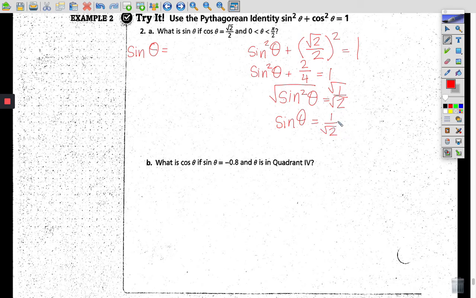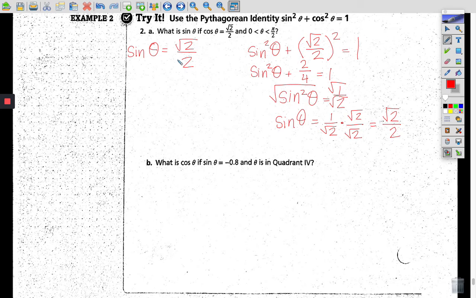No. So to get rid of it, we multiply everything by the square root of 2. The square root of 2 times 1 is the square root of 2. Square root of 2 times 2 is just 2. So sine of theta is equal to the square root of 2 over 2.